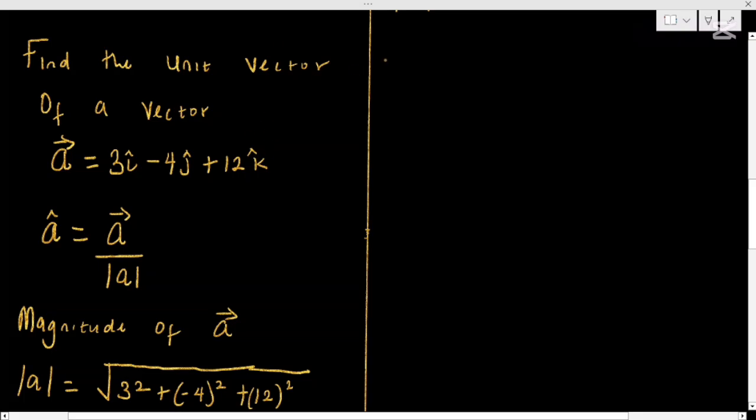This implies that we'll be having a magnitude of A to be equal to the square root of 3 squared, that should be 9, plus minus 4 squared, that should be 16, plus 12 squared, that is 144.